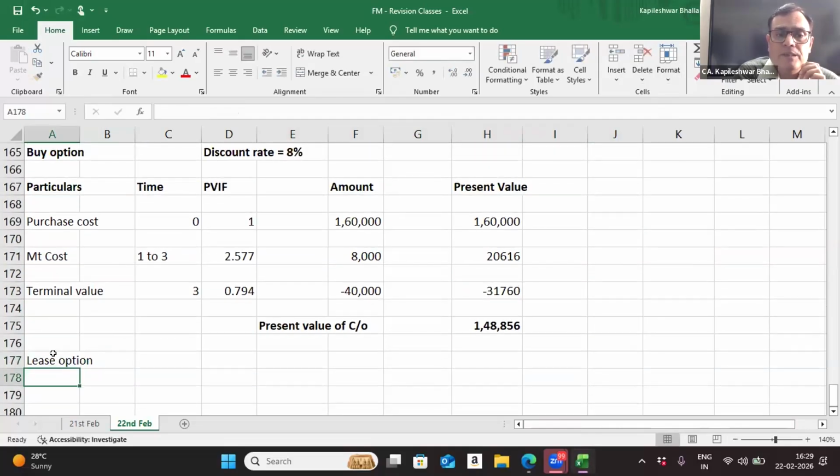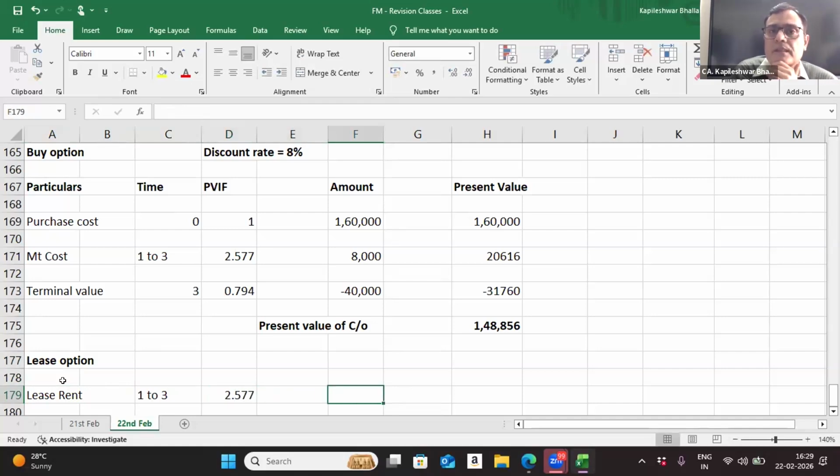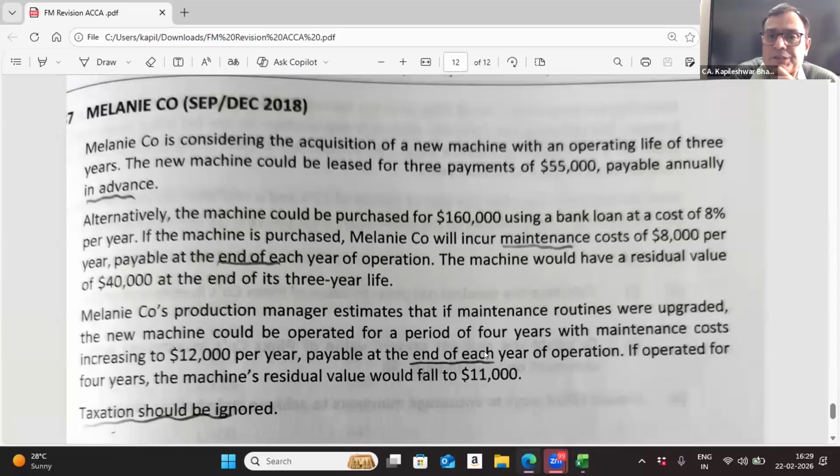So in terms of the lease option, can I say there is only one outflow, which is supposed to be what? The lease rent. So we can consider the lease rent in this case. And this is again going to be 1 to 3 years. The P factor is 2.577. And what is the amount of lease rent we are paying?